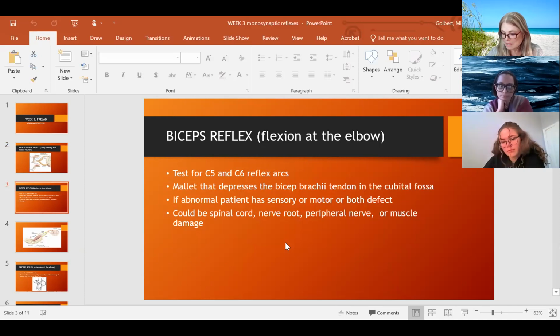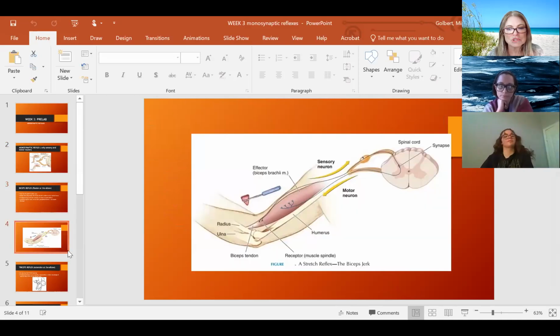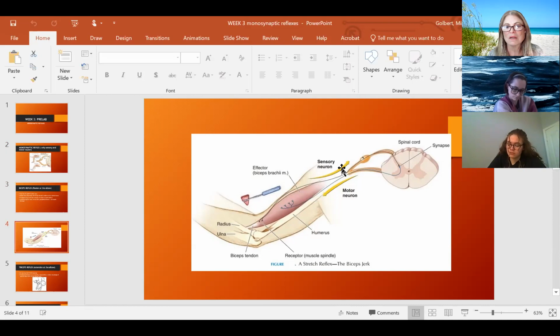So the doctor will just hit this area here on the inside of the elbow, and it will hit that tendon. And we have those stretch receptors embedded within the muscle, and that will send the sensory neuron information to the spinal cord, and the motor neuron will immediately send the information, and we're going to do that bicep curling up of your forearm.